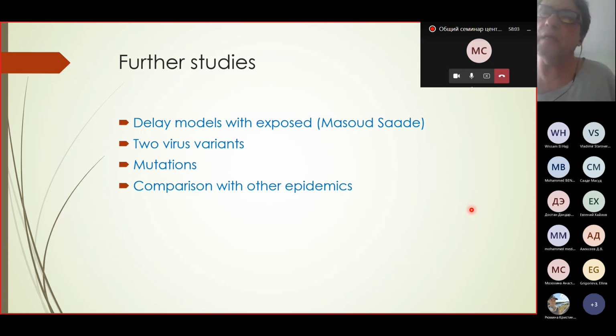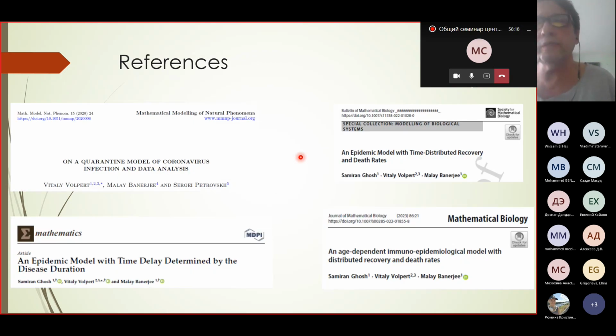There are a number of other questions, in particular 2 virus variants, mutations, other epidemics, for which these models can be applied. These are the references I use, several works published in the last years.